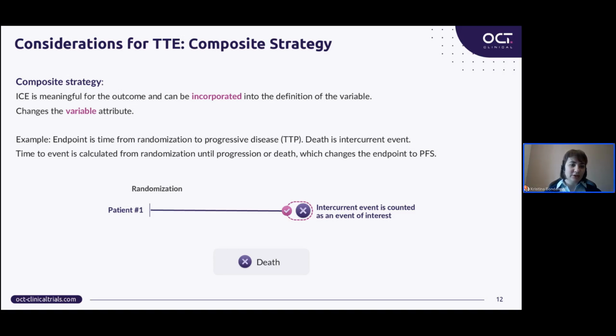Applying composite strategy for a certain intercurrent event affects the variable attribute. For example, if we're interested in the endpoint time to progression and intercurrent event is death, handling death using composite strategy would change the endpoint to PFS, which is time to progression or death.